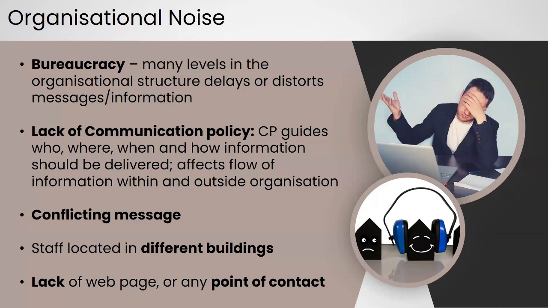Lack of communication policy. Communication policy guides who, where, when, how information should be delivered, and it affects the flow of information within and outside the organization. For example, when you are receiving your results at the end of the semester, you know that you have to receive them through a particular website.